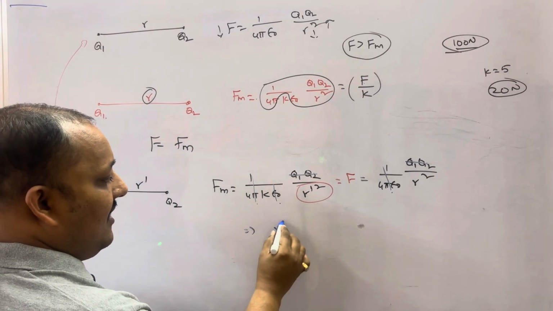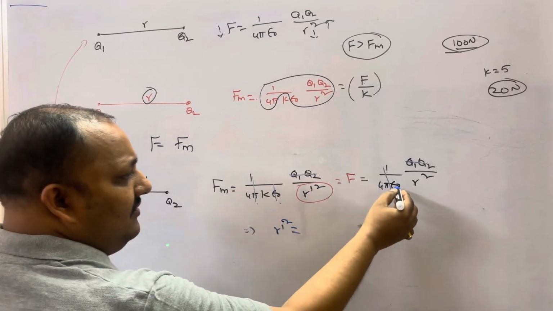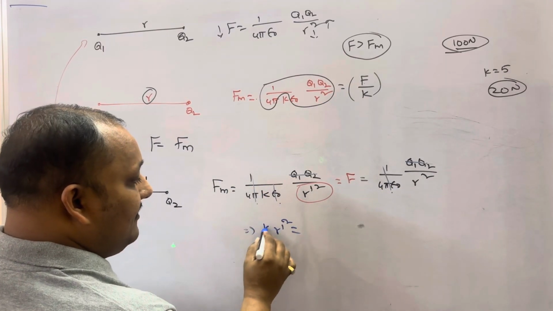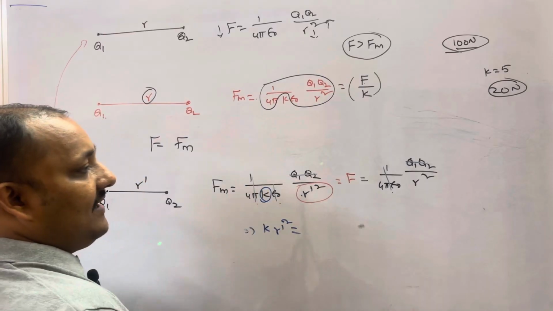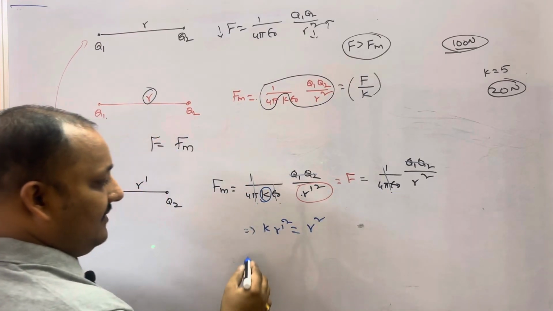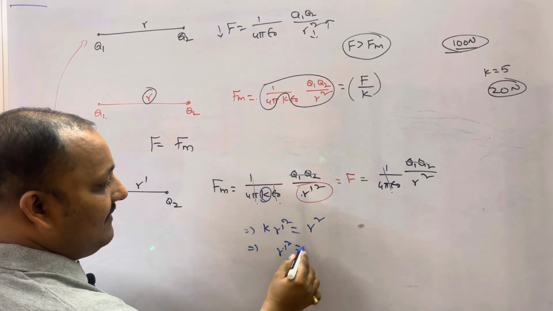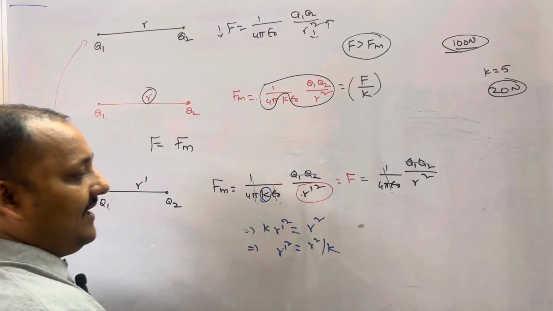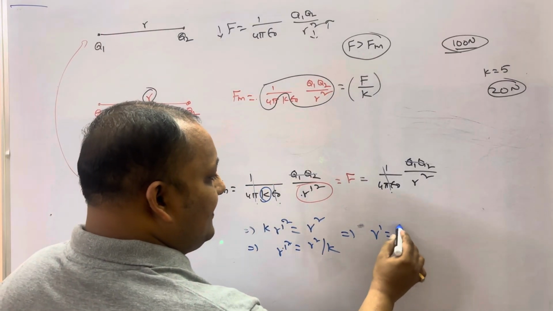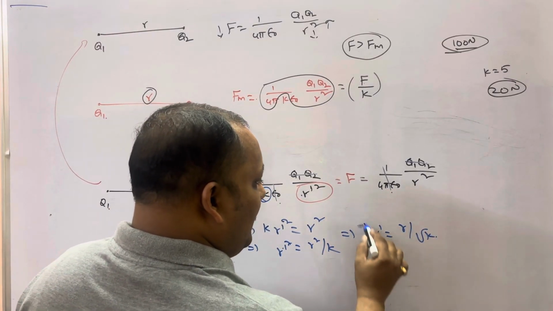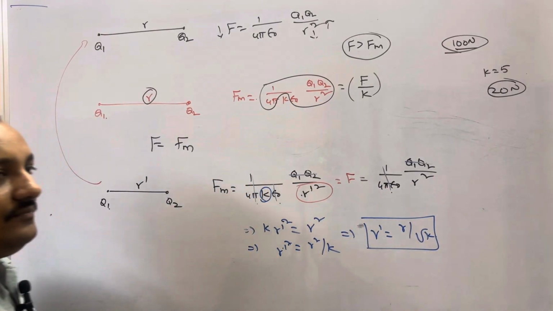According to the formula, K r dash square is equal to r square. Then what is r dash square? R square by K. So finally you are getting r dash equal to r by root K, isn't it?